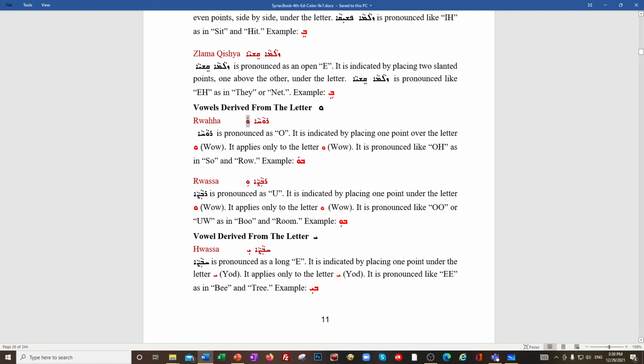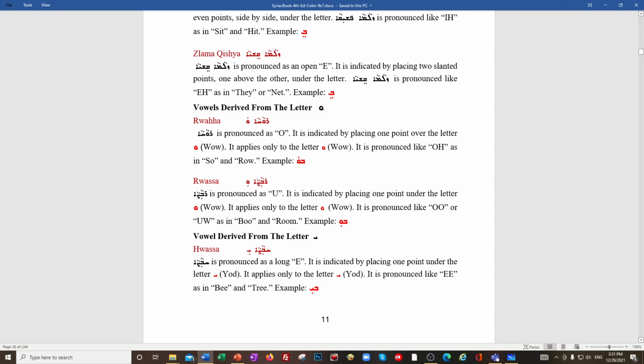This vowel is pronounced as o in English. It is indicated by placing one point over the letter wow. It applies only to the letter wow. That's why I said it's derived from the letter wow. It is pronounced like o, as in so and ro.